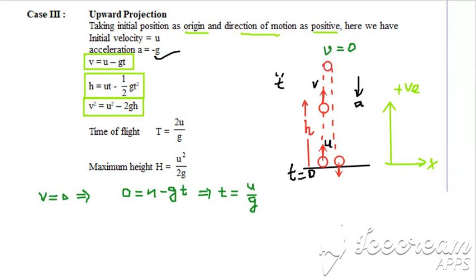When the particle returns back to the same position, that means the displacement of the particle is 0. If we use this in the second equation, we find 0 is equal to ut minus half gt square.